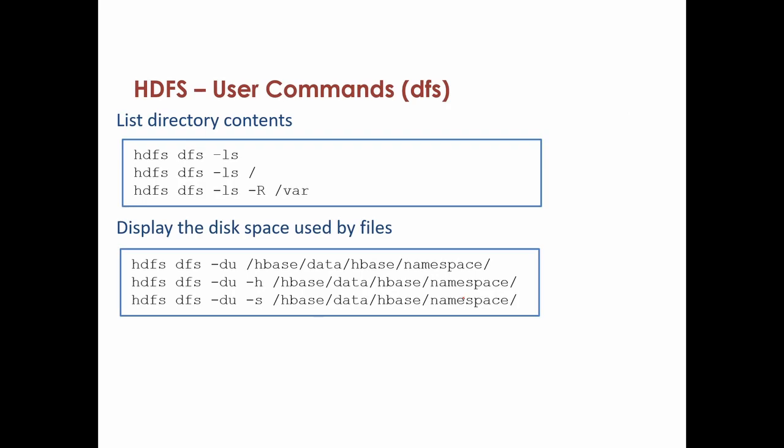Okay, so how does the user interact with the HDFS? The user interacts with the HDFS by using mostly Unix-like commands. So if the Hadoop system is installed, it will either have a command like hdfs or a command like hadoop.